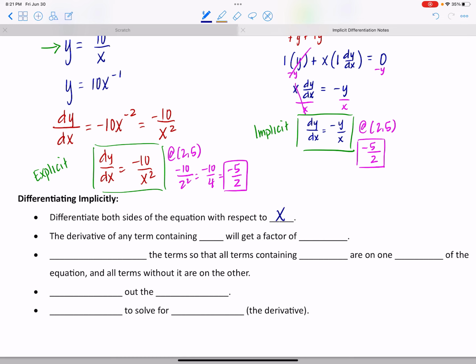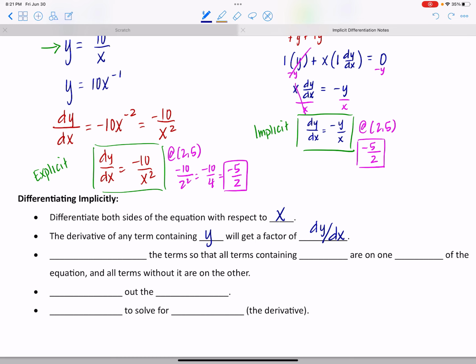We have to remember that when we do this, it's the same product rule, same quotient rule, it's the same power rule, all the same differentiation rules, but any term that we differentiate that has a y in it will have to be multiplied by a dy dx because basically it's our chain rule, right? We're differentiating with respect to x, we're using a rule that we normally apply to x because this is not an x, we multiply by its derivative.